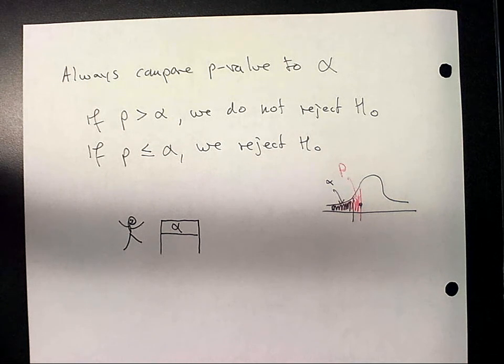Let me ask you this. If you have a sprinter and that sprinter doesn't make it over the hurdle, that sprinter failed, right? That's exactly the same concept here. You want your P to be over the hurdle in order for you not to reject your hypothesis. If you run into the hurdle, you're equal to it, you failed, so you reject.